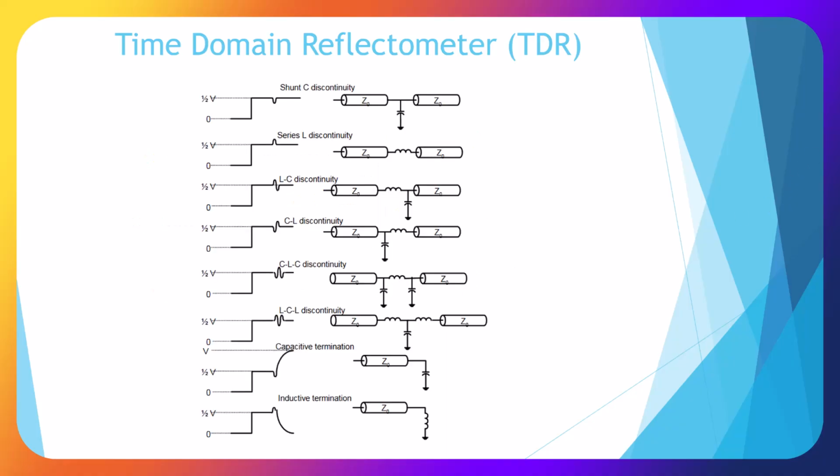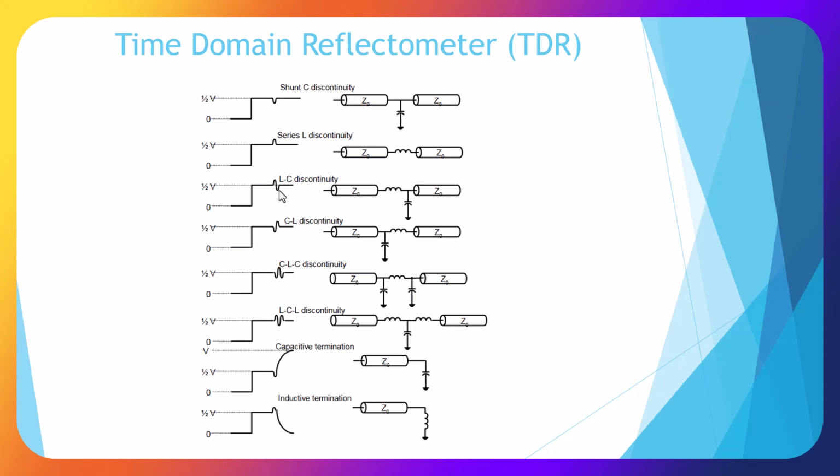Here's a diagram showing different applications of a TDR, and we show the signal sent out and the reflected result. So if it has a negative pulse, we have a shunt capacitor discontinuity. If we see a positive, we have a series inductance discontinuity.